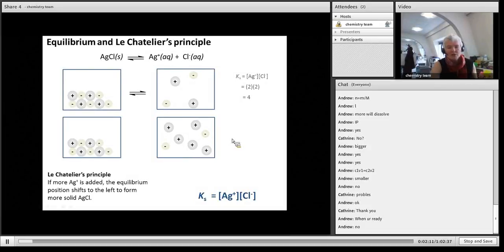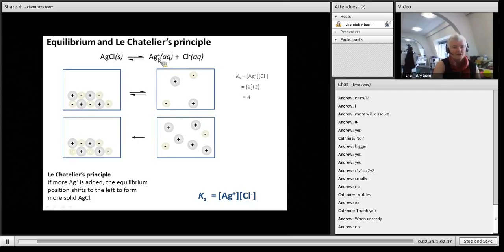So there's a stress, so my equilibrium has to shift. The position has to shift in such a way as to remove that change. So here I've added silver ions aqueous, so I've got to remove silver ions aqueous, and the only way I can do it is by precipitating them out. Remember when we talked about IP last time, or Q, whichever way you want to use it, if your ionic product is bigger than your Ks, it's going to shift towards the left because you want to get rid of products, because you want your ionic product to become equal to your Ks, so this has to decrease.